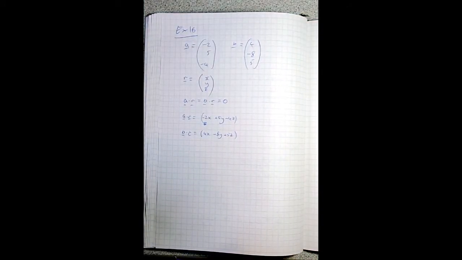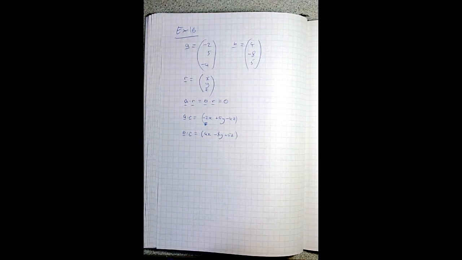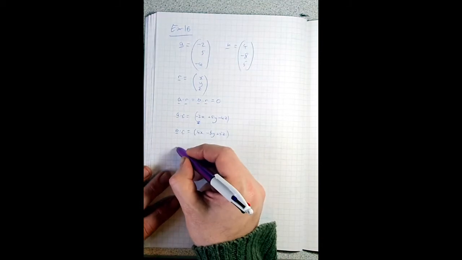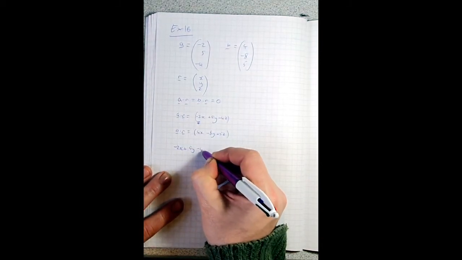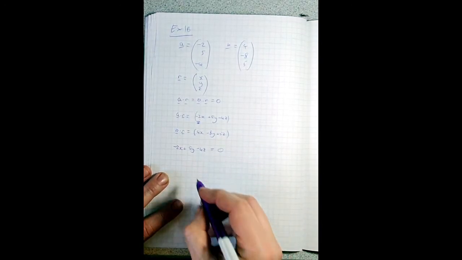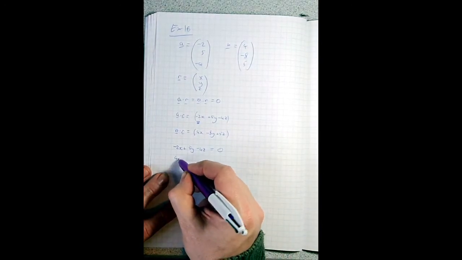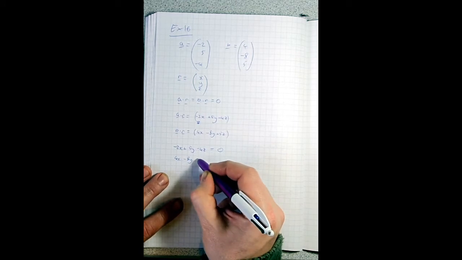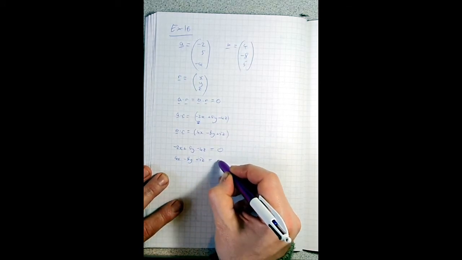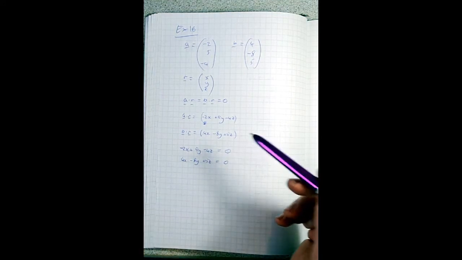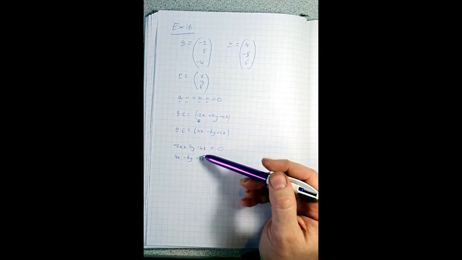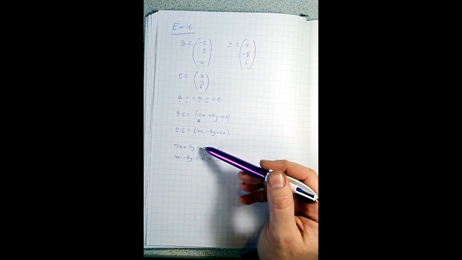They're both equal to 0, so I'll set them both equal to 0. Minus 2x plus 5y minus 4z equals 0, and 4x minus 8y plus 5z equals 0. Now I just need three values, x, y and z, that satisfy both these equations. I've only got two equations, so I can just pick a value for one of x, y or z.